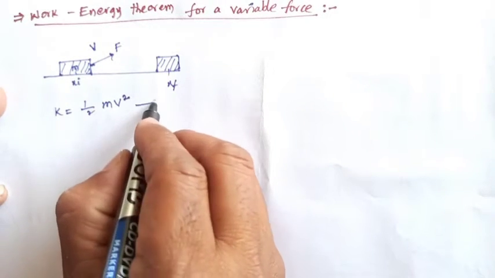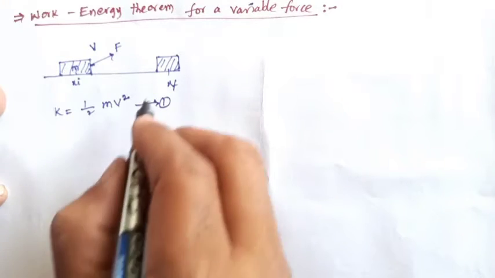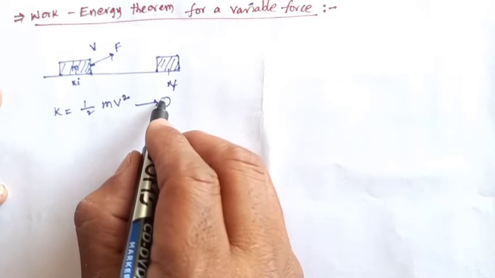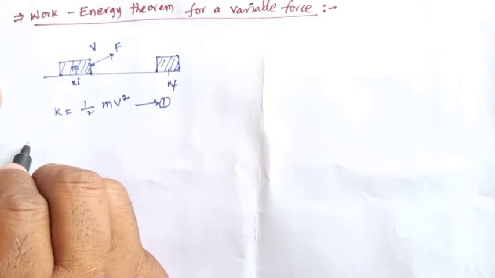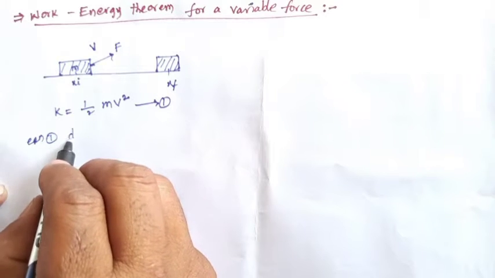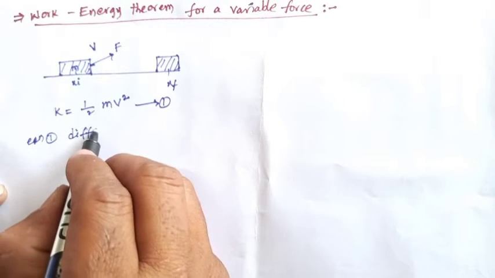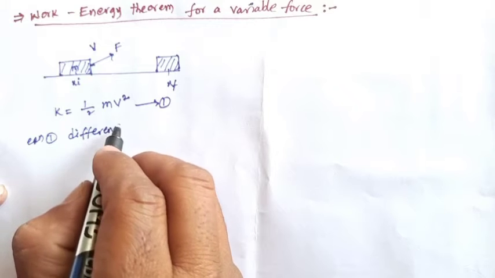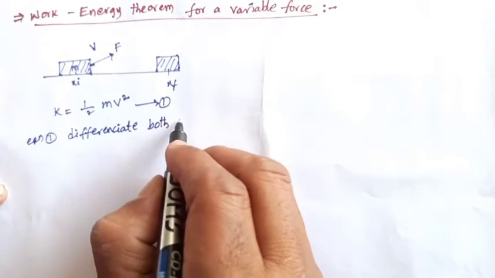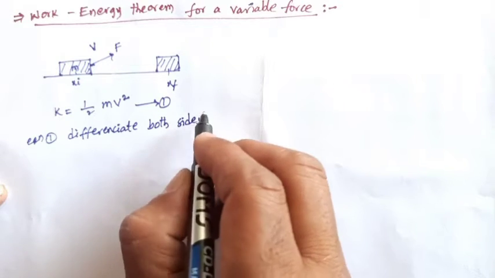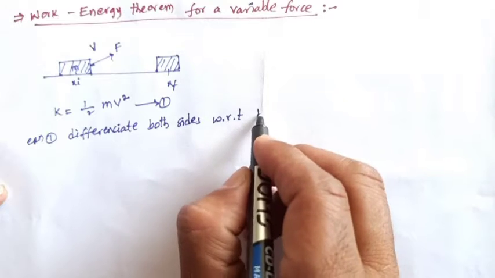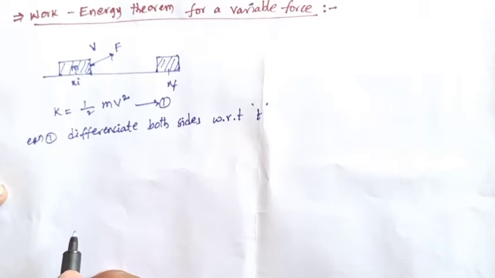Okay, this is equation number 1. We differentiate equation number 1 on both sides with respect to t, the time.